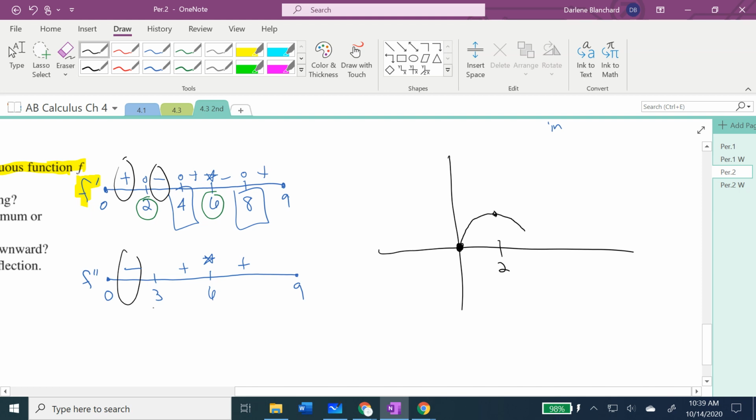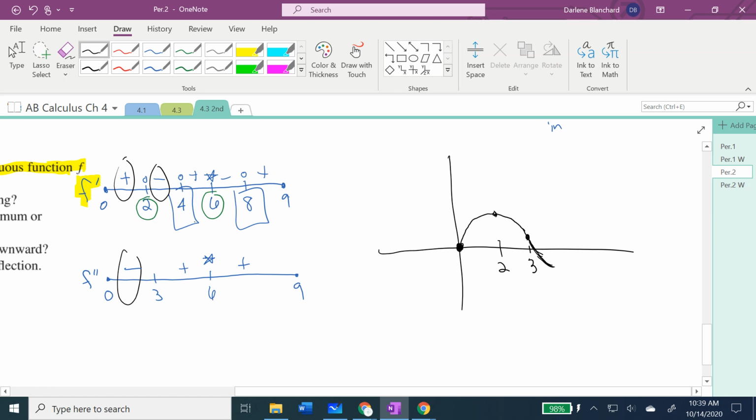When I hit 3, I'm going to continue down, but change my concavity to concave up. So I'm just going to say, here's 3. So I've got a point of inflection. I continue heading down, but with a smile. So now I'm trying to change that concavity look.